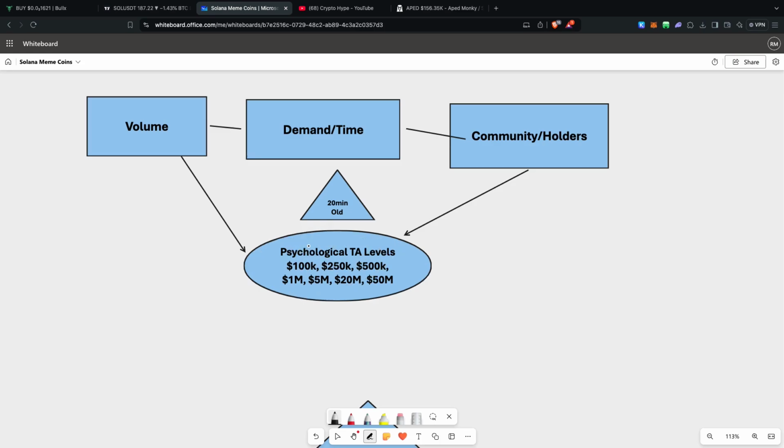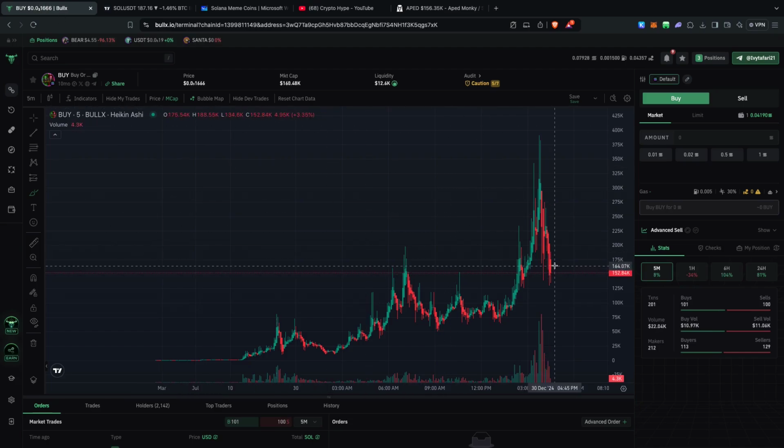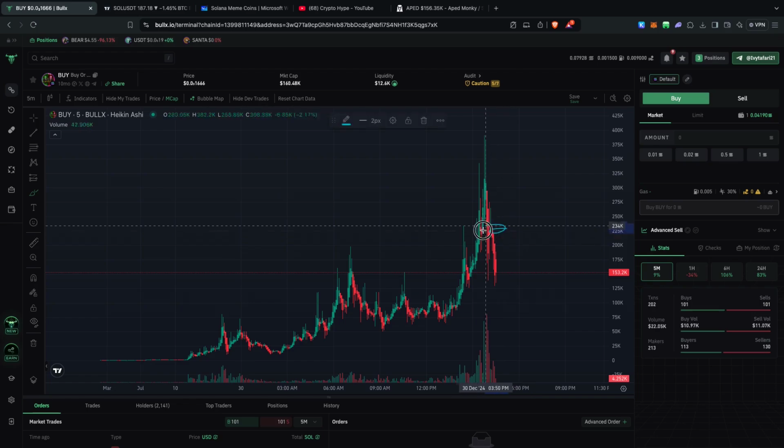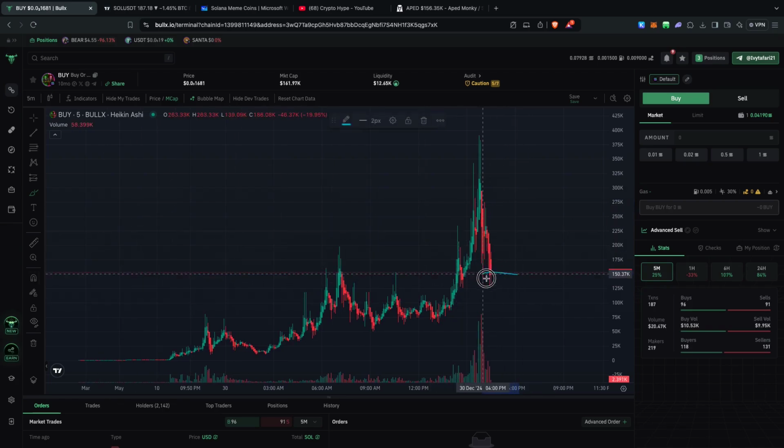Remember what I have been teaching you guys for the past couple of months, right? If the psychological levels are respected, like for example, this one right over here, 250,000 US dollars is a very important psychological level. Once you lose that, probably your coin is going to end up dying. And right now, it's trading around the 150,000 psychological level.